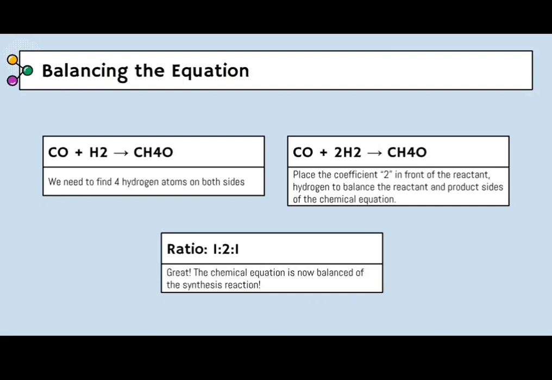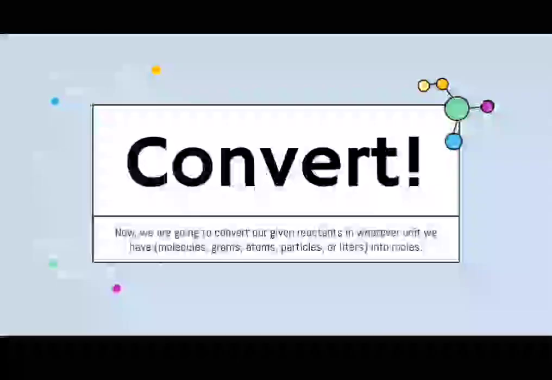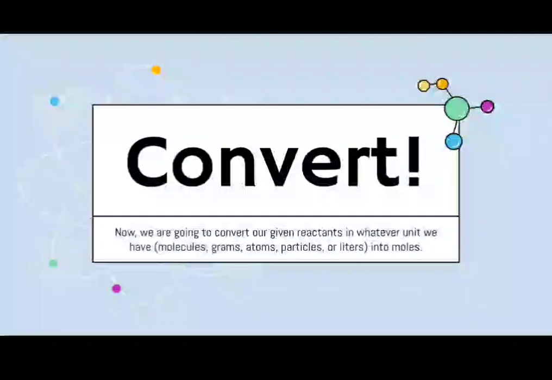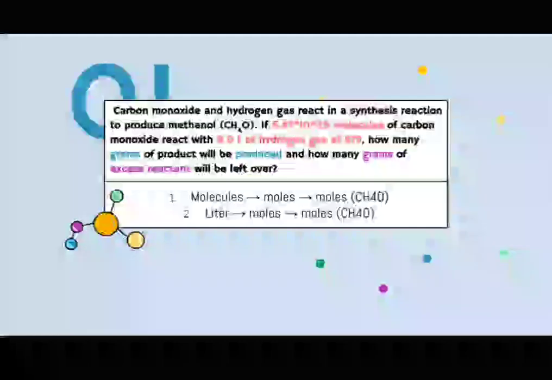Now it's time to convert our given units for both reactants to moles of methanol. Now we are going to convert our given reactants, in whatever unit we have, into moles. For the first problem, let me read the problem first.